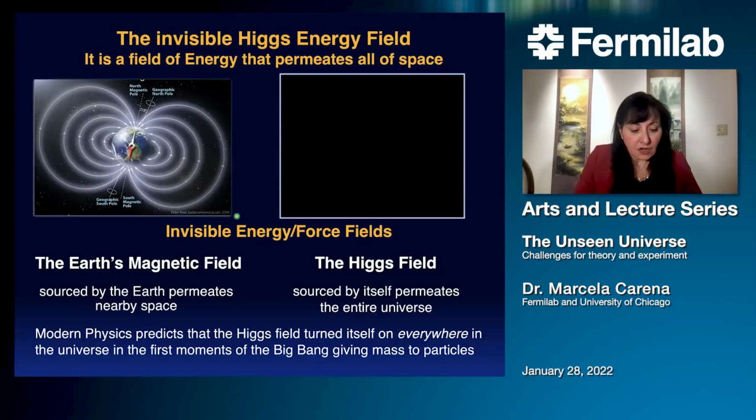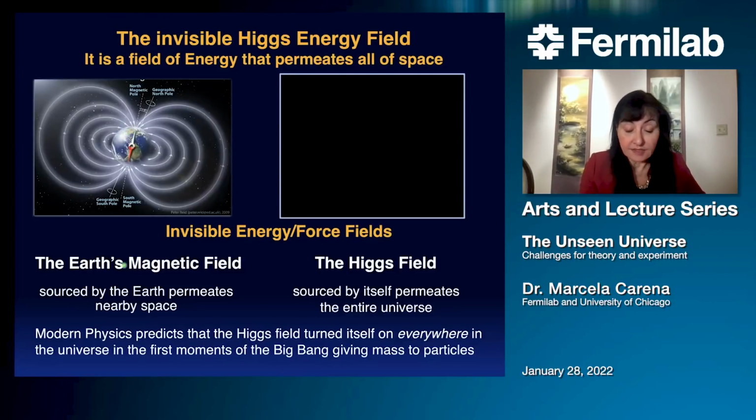So let's start with the invisible Higgs energy field. Okay, so it is a field of energy that permeates all of space. The one example we know is the Earth's magnetic field.